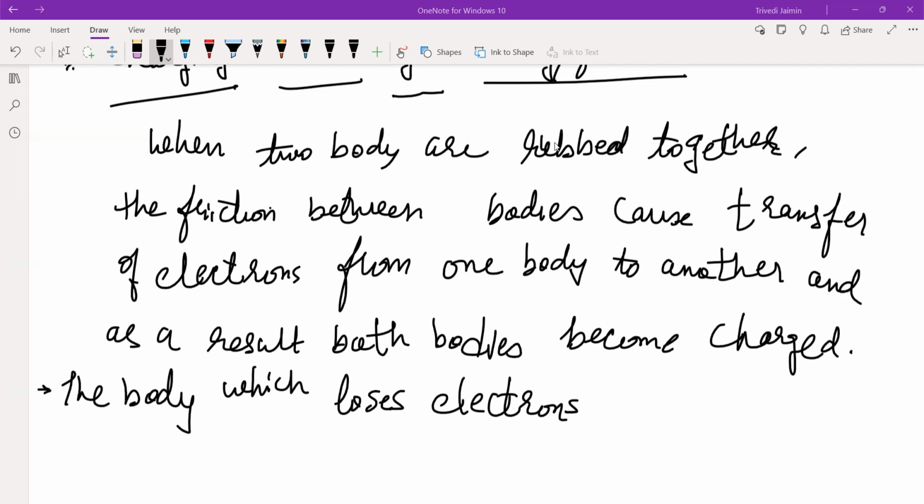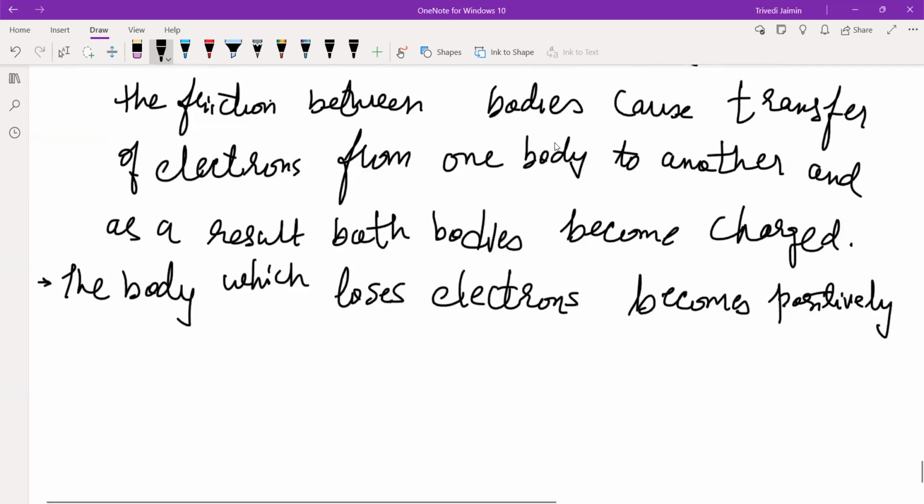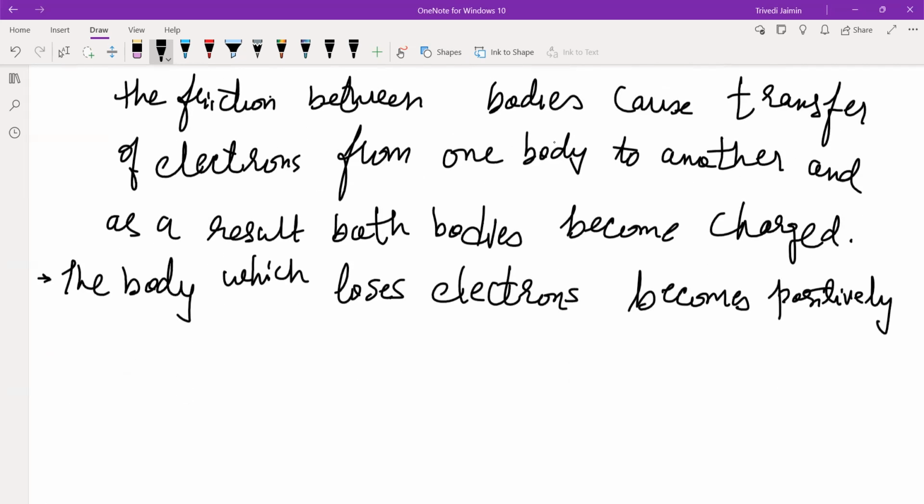The body which loses electrons becomes positive, and the body which gains becomes negative. Yes, exactly.